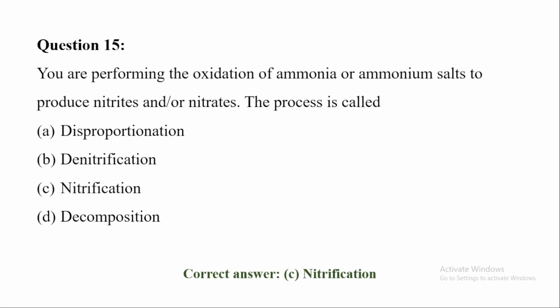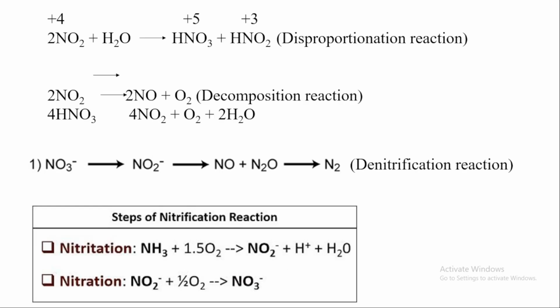Yeah. So the first reaction is disproportionation reaction. What do you mean by disproportionation? Disproportionation is basically you have one oxidation state of nitrogen present in the reactant, and you are making two compounds out of that one nitrogen compound, and both the compounds now have different oxidation states than the reactant.